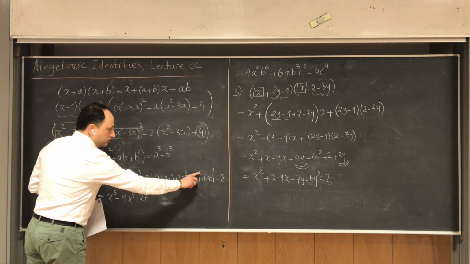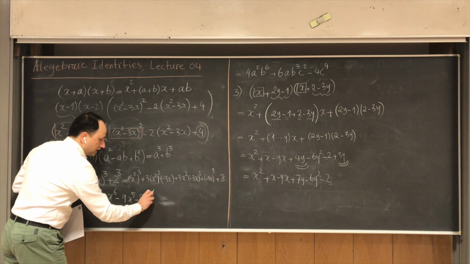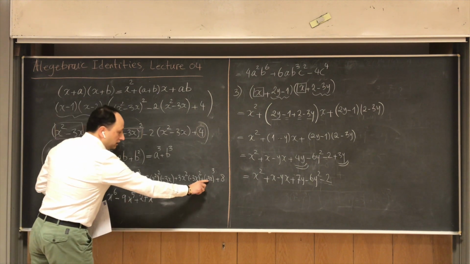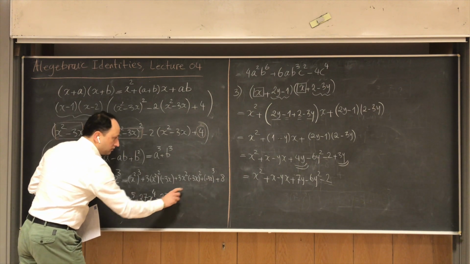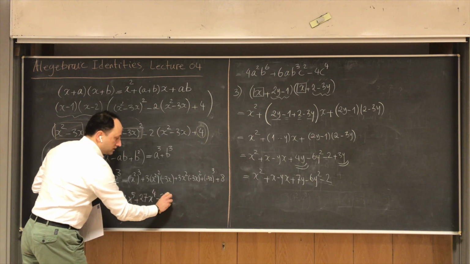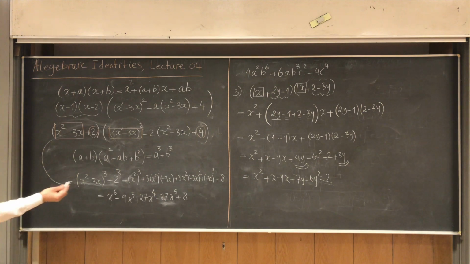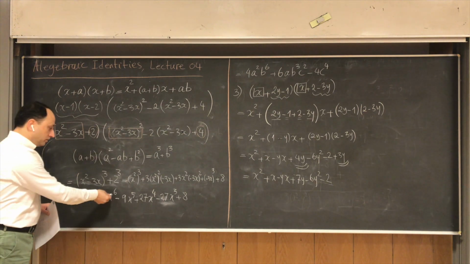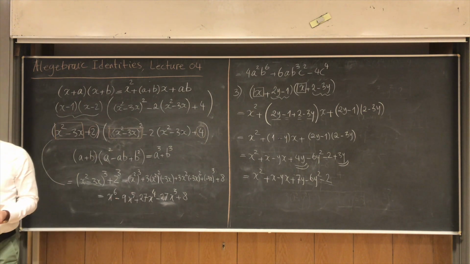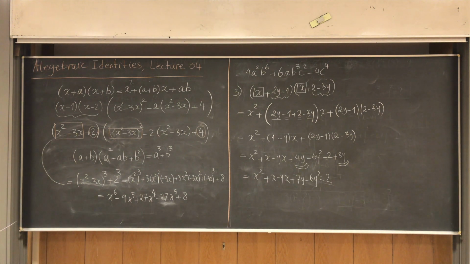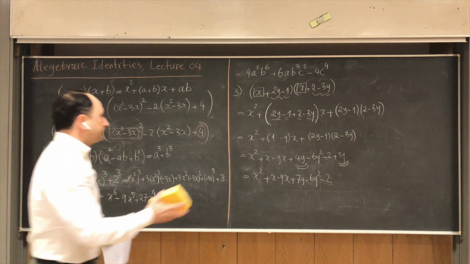And then I have x to the 2, which becomes x to the 4. And then here I have minus 27, minus 3 to the 3 is minus 27, x to the 3, and finally I have 8. Can I simplify more? No, because all of them have different powers and they are not similar.